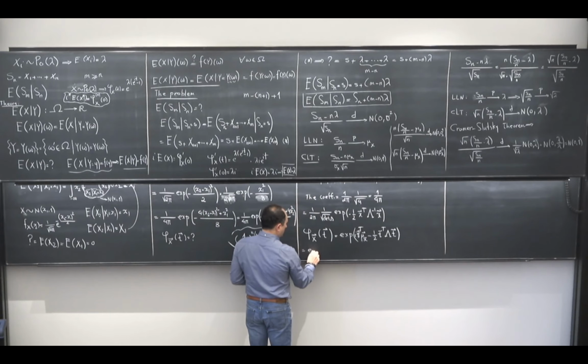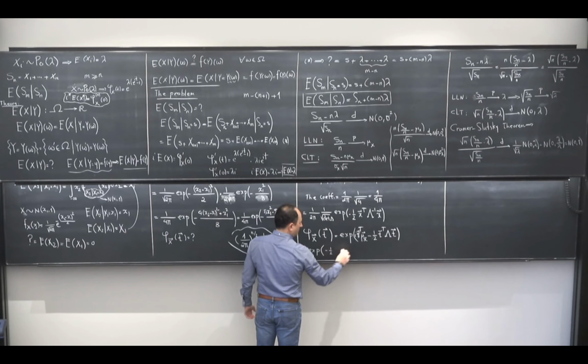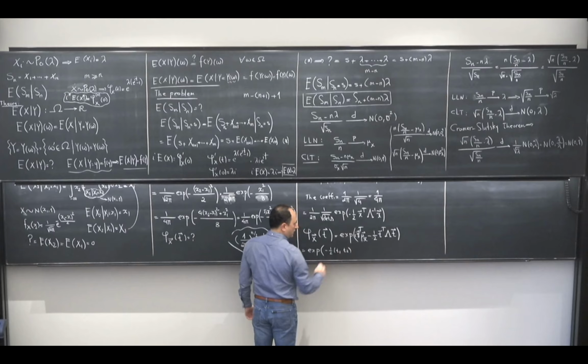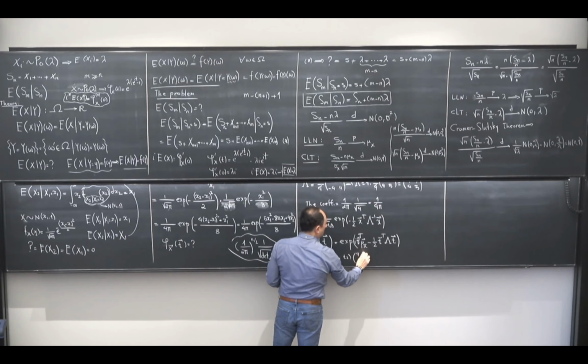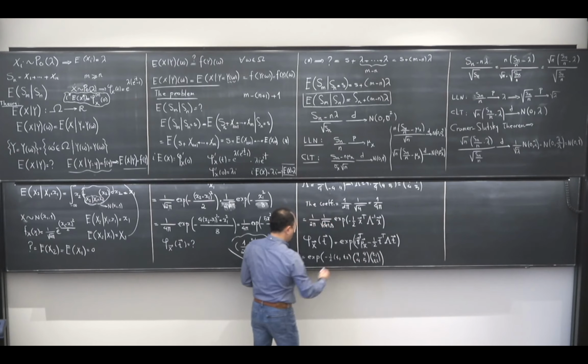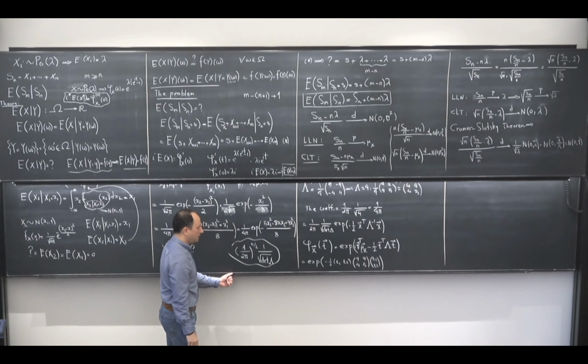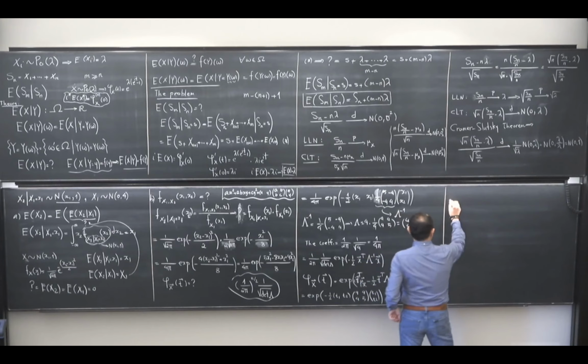So what I will do is write exponential minus 1 over 2. T transpose means T1, T2 as a row matrix. And then the matrix I calculated there, so it is 4, 4, 4, and 5. And then I have T1 and T2. So that is your characteristic function. Now using the same formula, you can write it more explicitly.